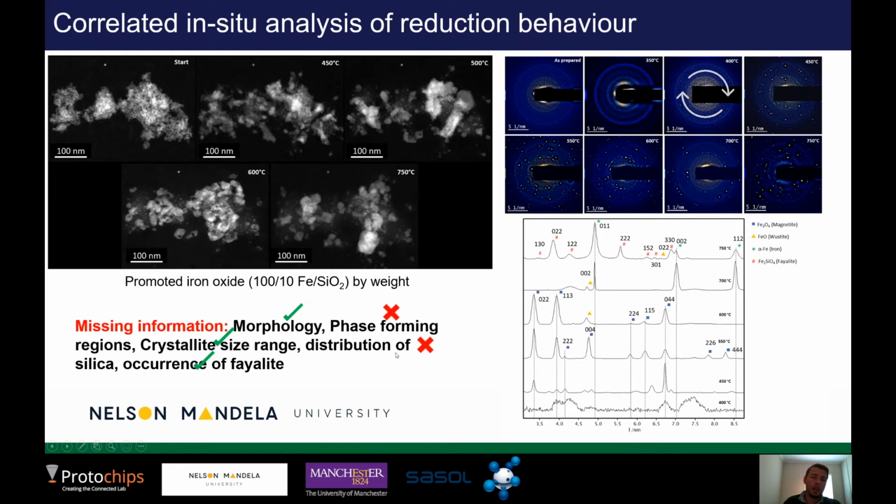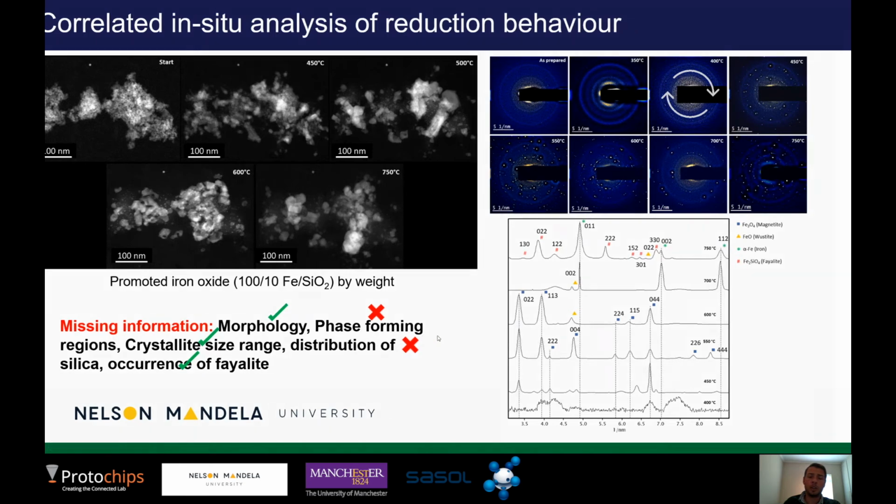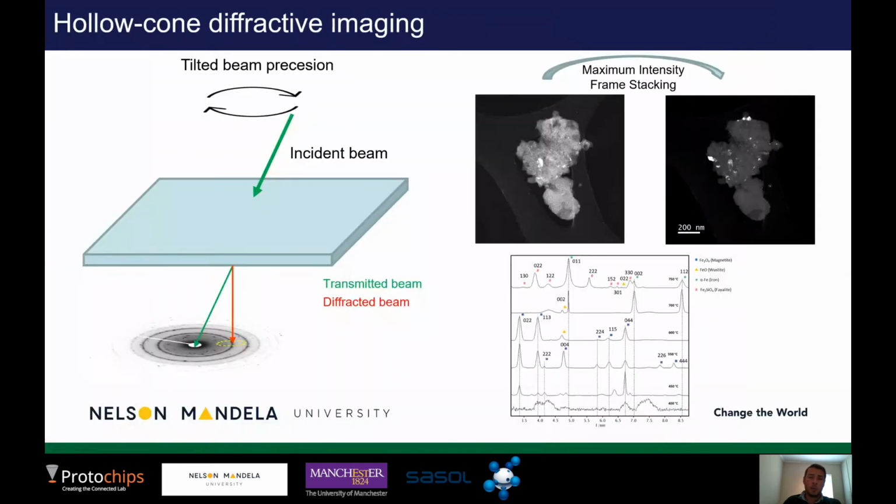We still needed to get information about the distribution of silica or silicon and then also phase forming regions. So what we did is we used a technique called hollow cone diffractive imaging to select an interplanar spacing of one of these phases.